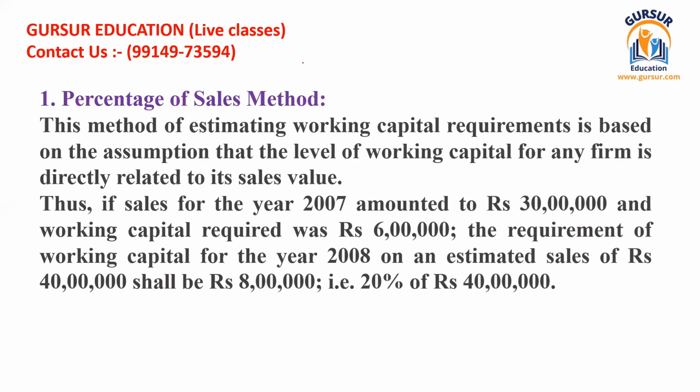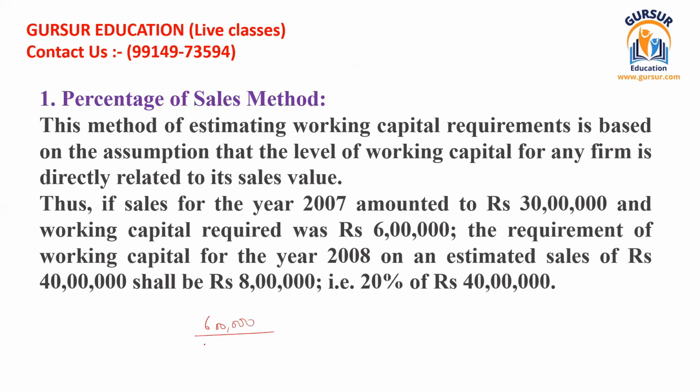On the basis of your past experience, your sales volume and previous level of working capital, you can easily calculate how much working capital is required in your business. So how do we do that? You know that if the sales for 2000 were 30 lakh and the working capital required was 6 lakh, then you can first of all find its percentage.